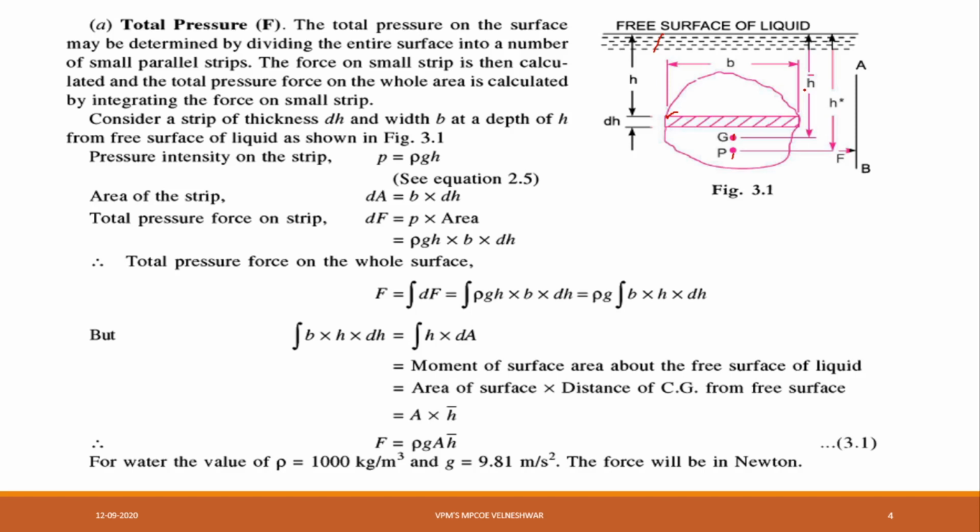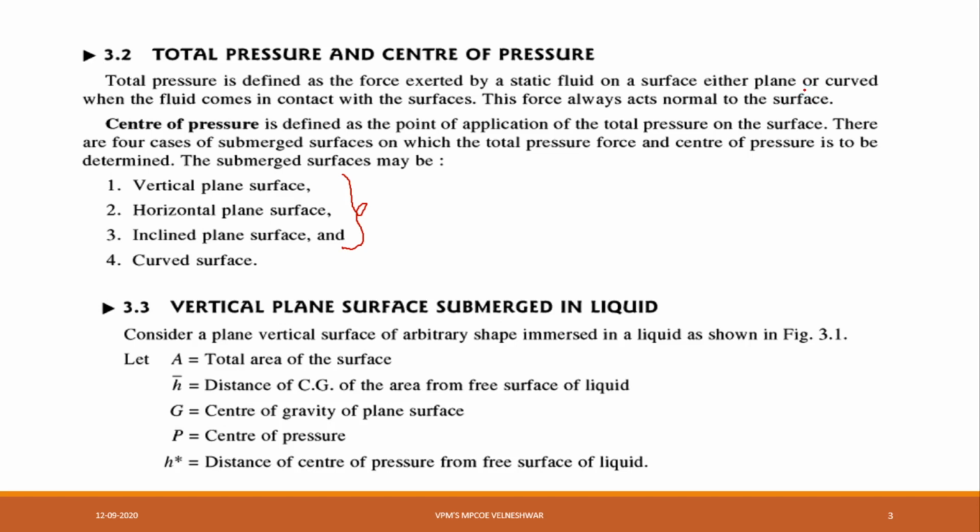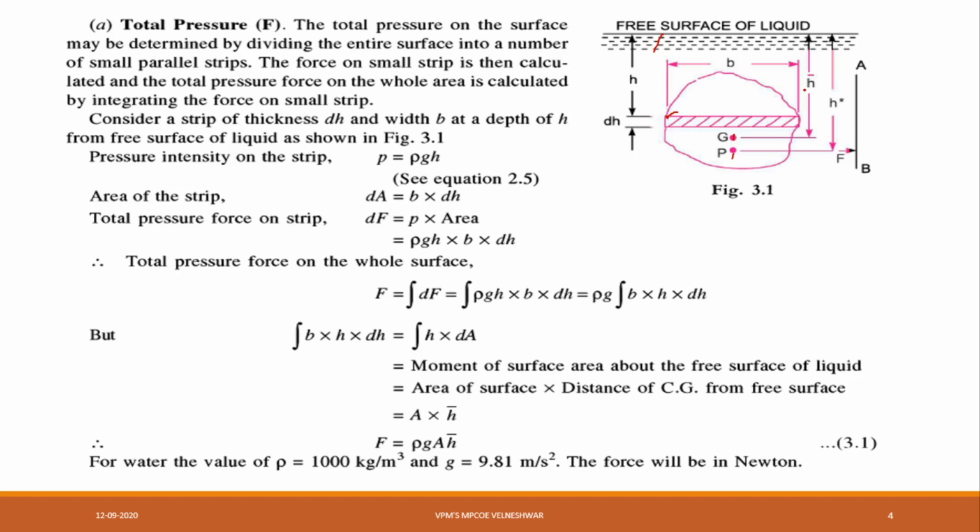Up to the center of gravity, that is h bar, is the total pressure, and h star is the center of pressure. Now, h bar is the distance of the center of gravity of the area from the free surface, G is the center of gravity, P is the center of pressure, and h star is the distance of the center of pressure.